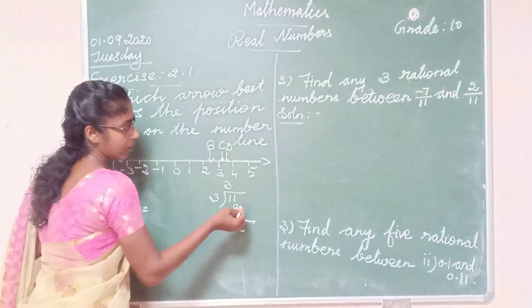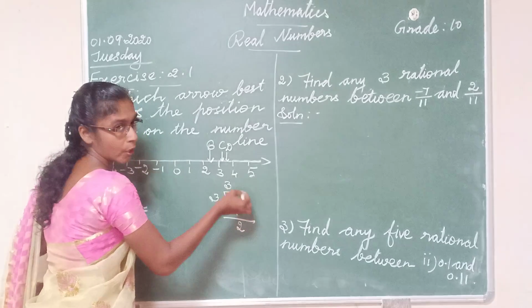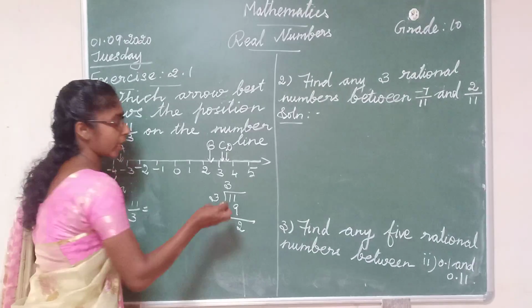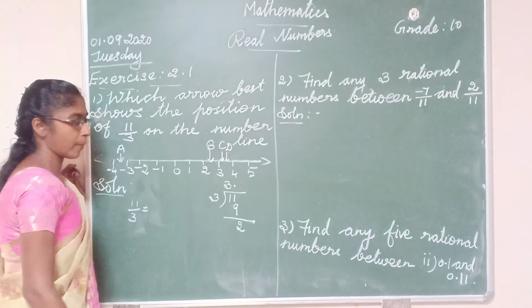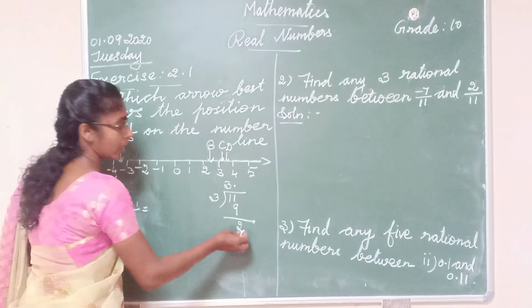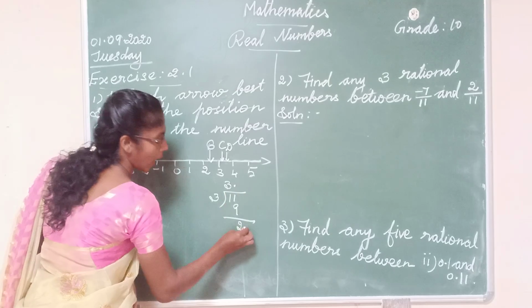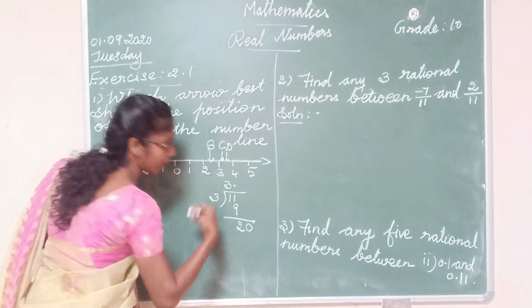Is any other digit there? No other digit, so we put the decimal point. Next, we write a 0 here.